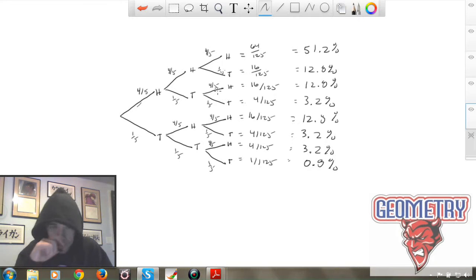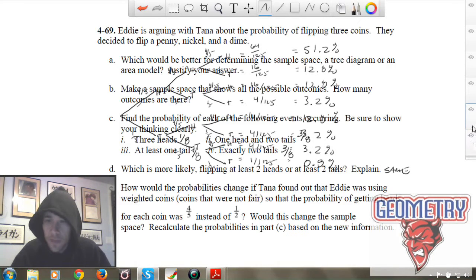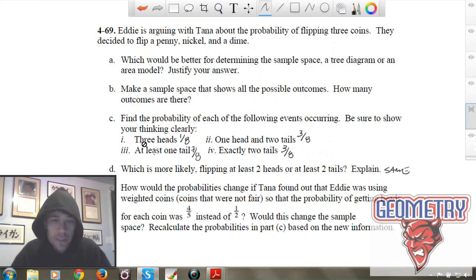And the probability of these ones that incorporate more than 1 head, like 2 heads and a tail, is 12.8%. Here's another 2 heads and a tail at 12.8%, and here's another at 12.8%, versus the probability of getting 2 tails and a head, that's down at 3.2%. So the probabilities that involve getting heads over tails are a lot greater.